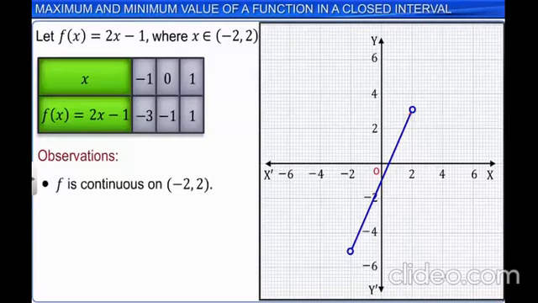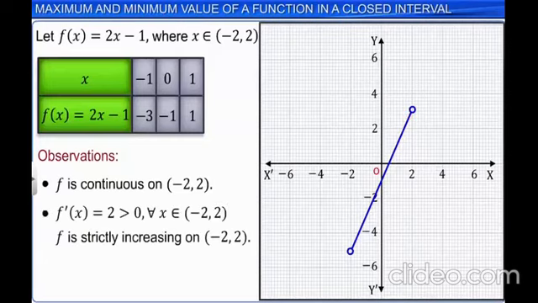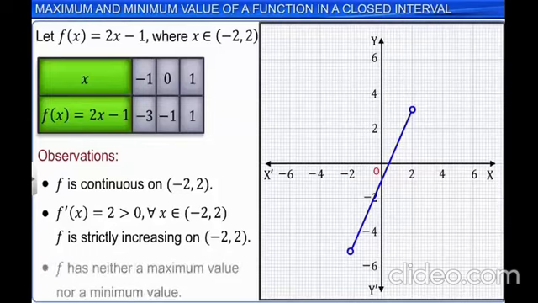The derivative of f is equal to 2, which is greater than 0. Therefore, f is strictly increasing on the open interval (-2, 2). The given interval on which f is defined is an open interval.